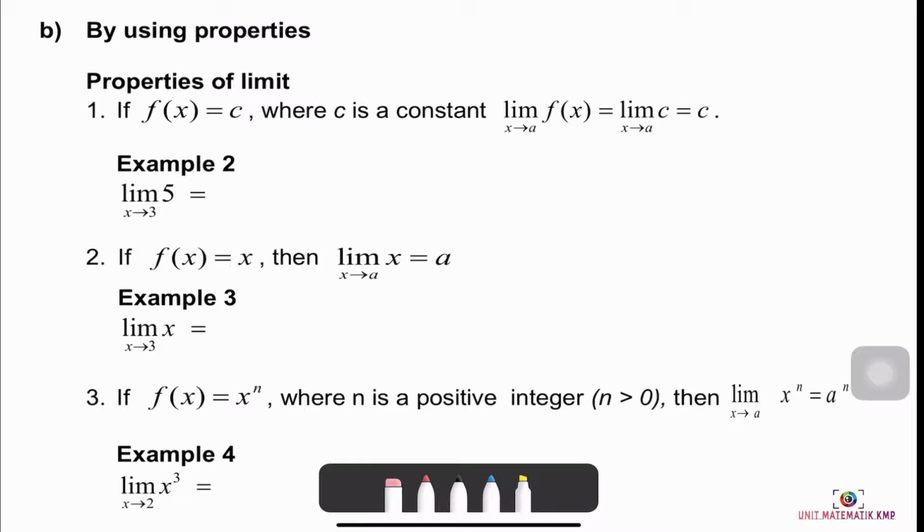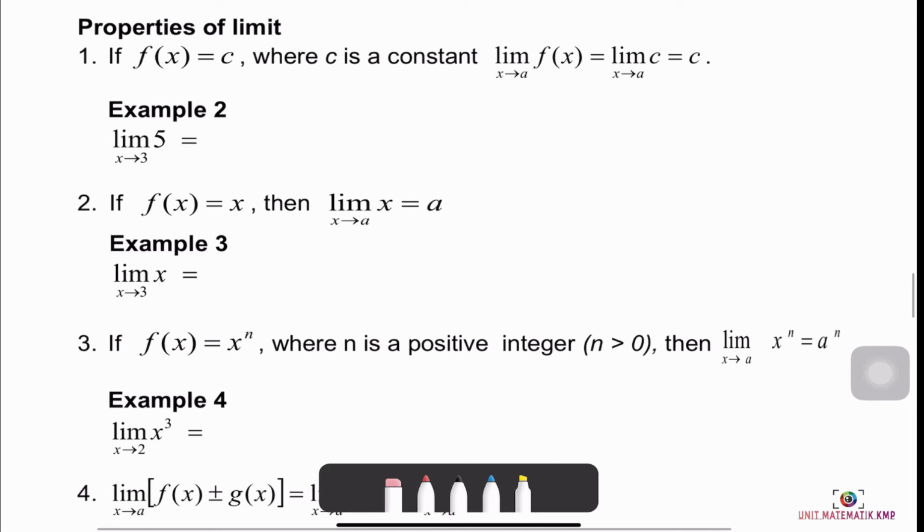Right? Now we will calculate the limit by using properties. For the first property, if f(x) equals c, where c is a constant, limit f(x) when x approaches a equals limit c when x approaches a, which is c.